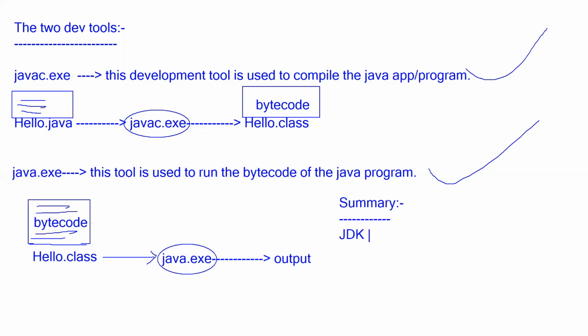JDK is two parts, dev tools plus JRE. And JRE is again two parts, JVM and API. API is the library. JVM is a bytecode processor.